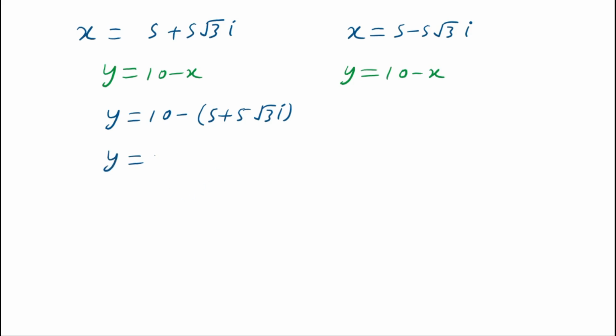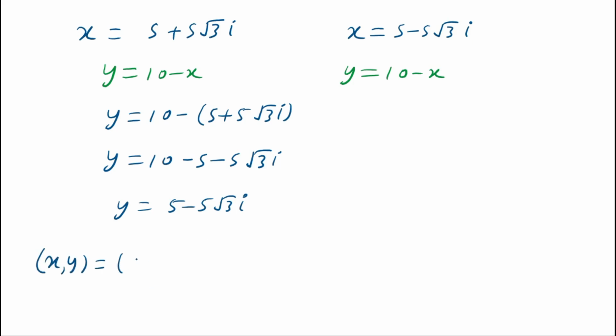Then y equals 10, and this negative sign is multiplied inside the bracket, so it is minus 5 minus 5 times square root of 3 iota. Then y equals 10 minus 5, which is 5 minus 5 times square root of 3 iota. Solution (x, y): the value of x is 5 plus 5 root 3 iota, and the value of y is 5 minus 5 root 3 iota.